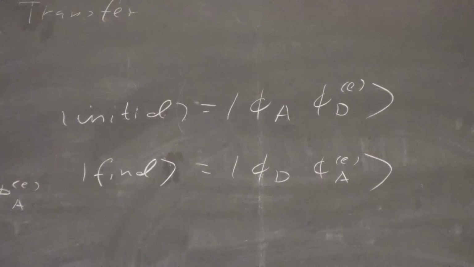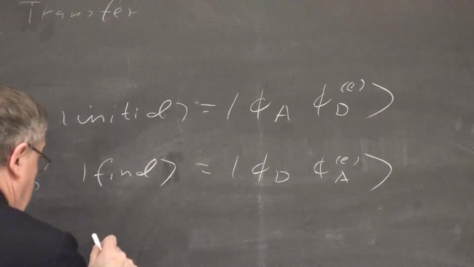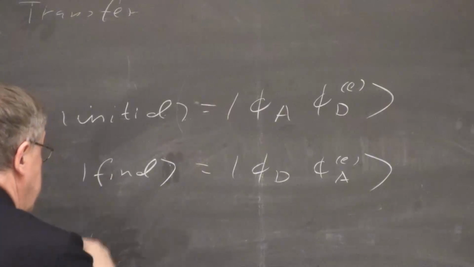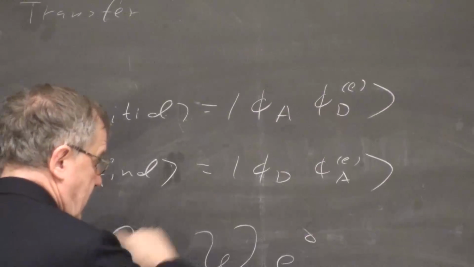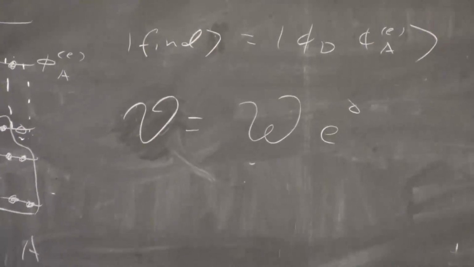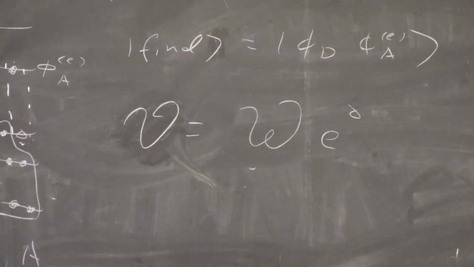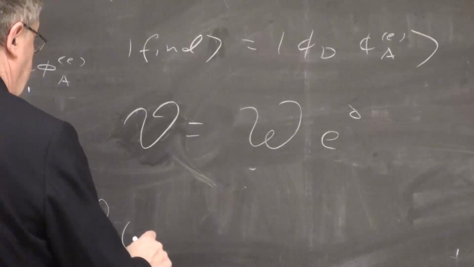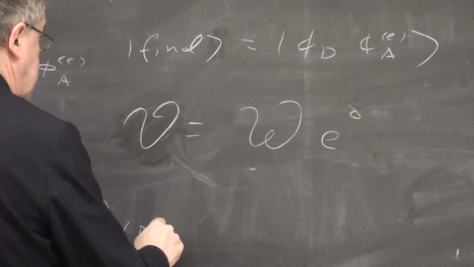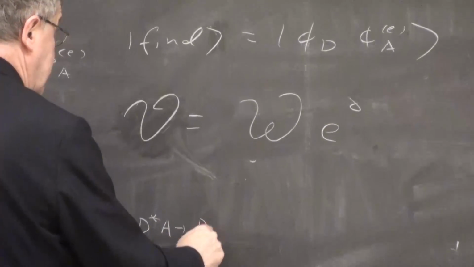And if we have now a perturbation, then the perturbation will be here, V will be equal to W times e to the 0, because there's no external radiation. We just have to live with the excitation we have, but there's not a radiation coming in that adds or takes away energy, just this one. And then the rate that we are talking about, maybe I write it now, D star A goes to D A star.